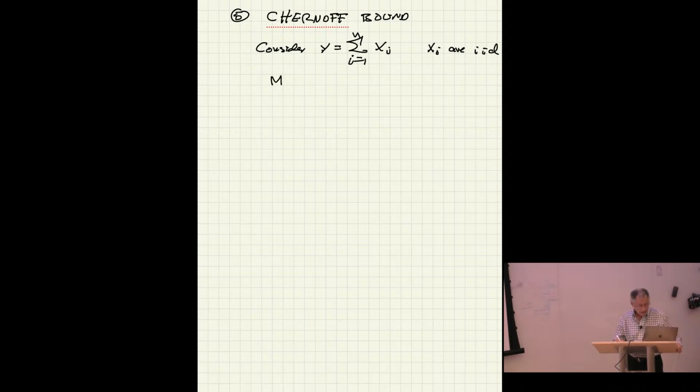I want to define moment generating function for x itself, which we know what that is again. I'll remind you. It's expectation of e to the vx. Now we're looking for a way to bound the tail, just like Markov and Chebyshev. We want the probability that y is greater than or equal to y, and I want to bound that amount.